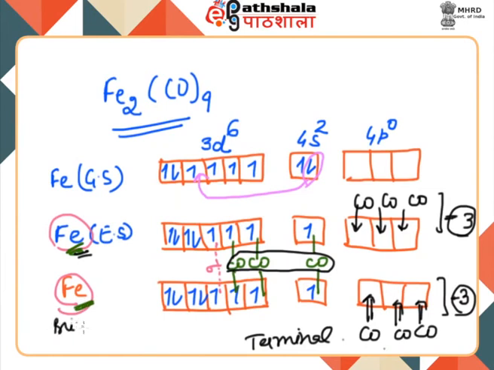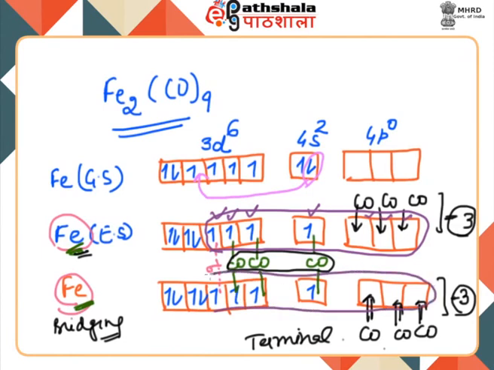And what you can see here, these are the 3 which are between these 2 irons, and they are the bridging carbonyls. Another thing you can notice is the orbitals which will undergo hybridization. You can see here that there are 3 Ds, 1 S and 3 P, so there are a total of these orbitals involved on this iron, and similarly in this iron, which will be undergoing hybridization.